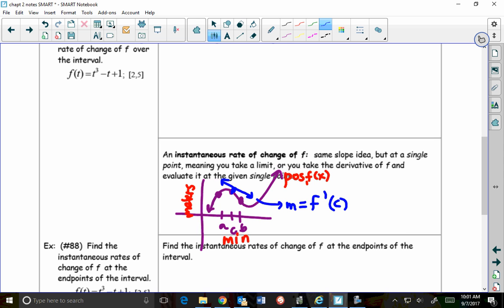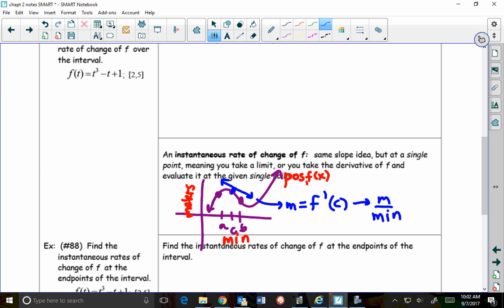Is this still a change in position over a change in time? Yeah, it's just the instantaneous change in position over time. So how do I label this guy? Still meters per minute.